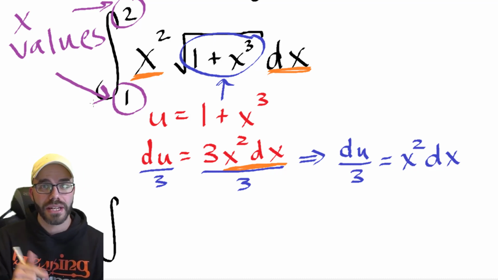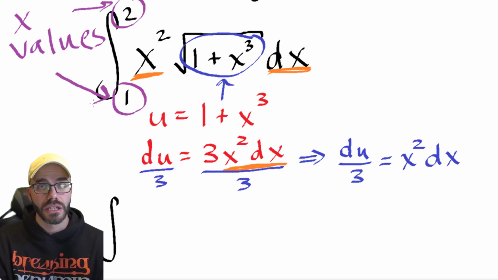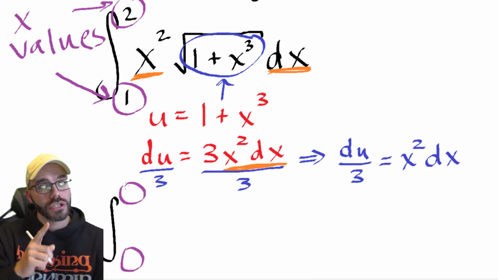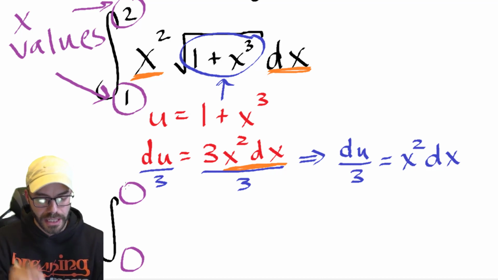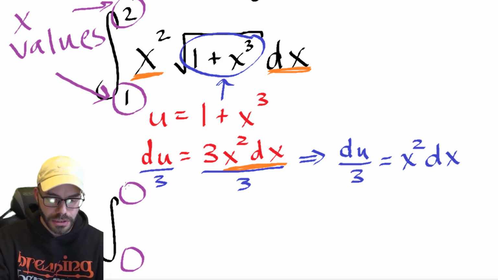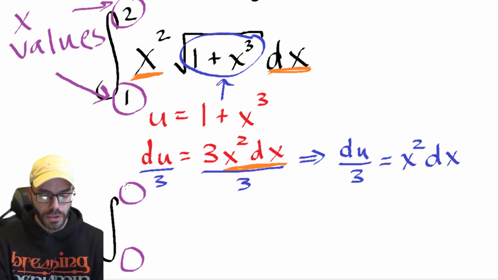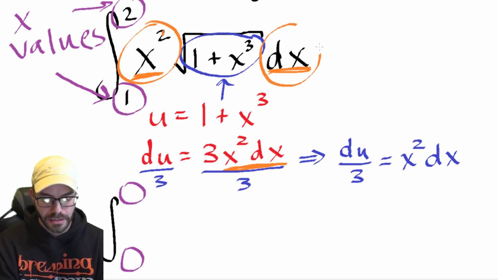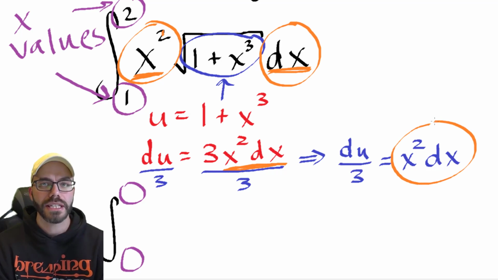Now that I'm changing my variable from an x to a u, I need my limits of integration to change to u values. We'll get to that in a second. Let's go ahead and make our simple substitutions. So x squared dx is equal to du over 3.